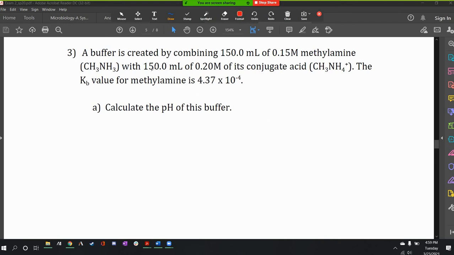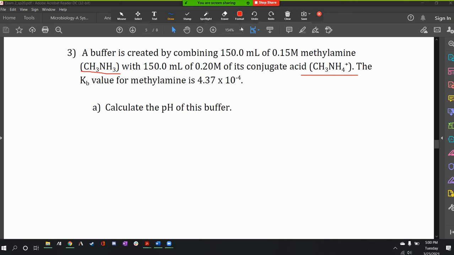Here we're creating a buffer by combining some amount of methylamine, which is going to be a base because NH3 is a base, and then we're also adding some of its conjugate acid, CH3NH3+. It's got that extra hydrogen on there that's going to get released. That's what makes it an acid. So we've got a base along with its conjugate acid, just a base with a proton added to it. We combine a certain amount of both of them into a container, and now we have a buffer.